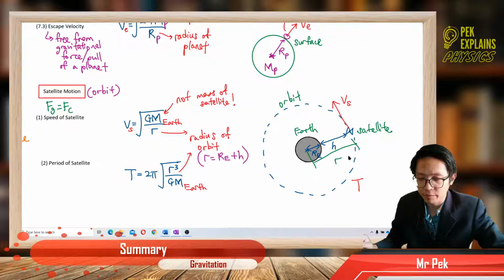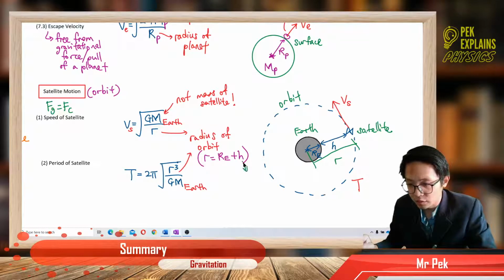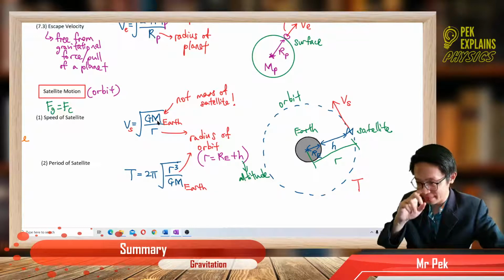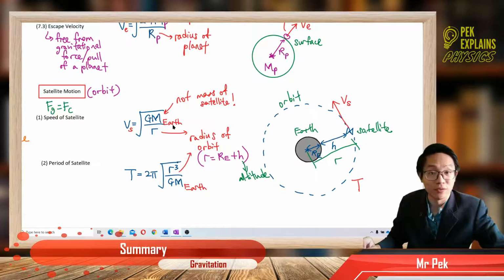What is the radius of orbit? Radius of Earth plus the altitude. So the R here is the radius of Earth plus the altitude, where h is called the altitude. Alright, good. Remember, this mass is the mass of Earth, not the mass of the satellite. Don't use the mass of the satellite. Use the mass of Earth.